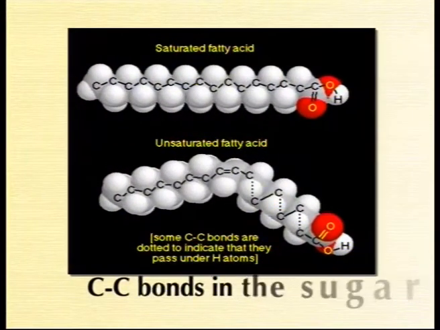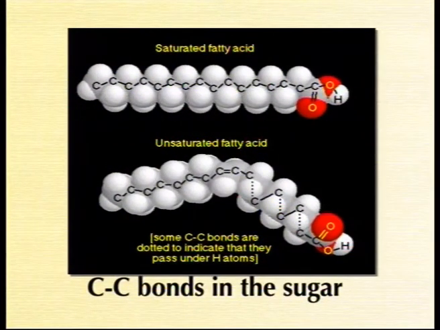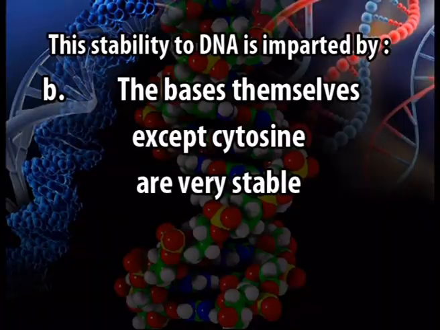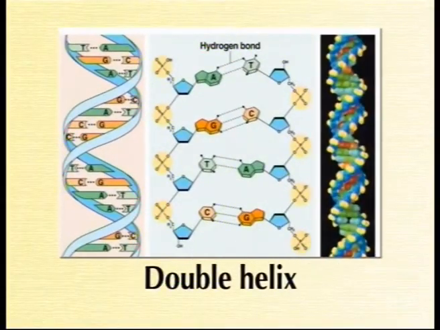The carbon-carbon bonds in the sugar are resistant to chemical attacks under all conditions except strong acids at very high temperatures. The second reason is the bases themselves, except for cytosine, of course, are very stable. And the third important reason is that the double helical structure of DNA provides the bases with hydrophobic rings a great protection against chemical attacks.